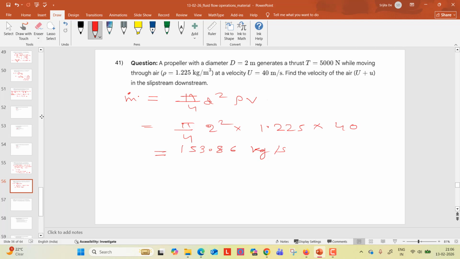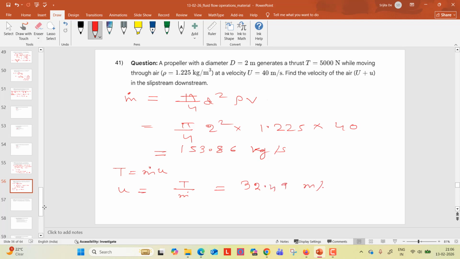So velocity increment has happened like T equals m dot into u, right? So u is T by m dot. So it is coming as 32.49, 32.49 meter per second.